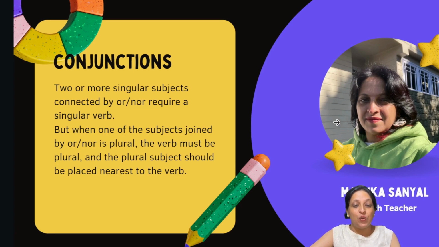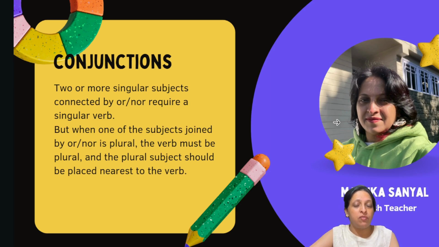Okay, so like we said that we have to identify the subject, we also have to see if there is any conjunction in the sentence. Then we also said that if there is a conjunction and there are two subjects, we have to identify if both the subjects are singular or plural.